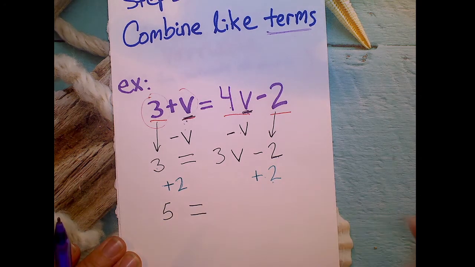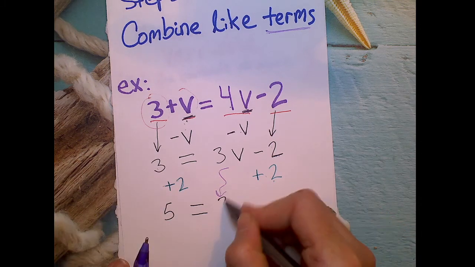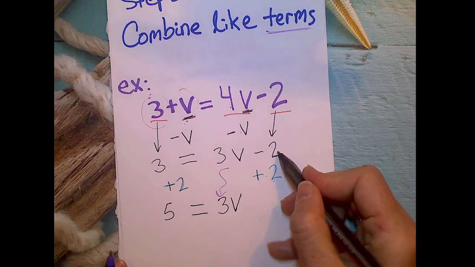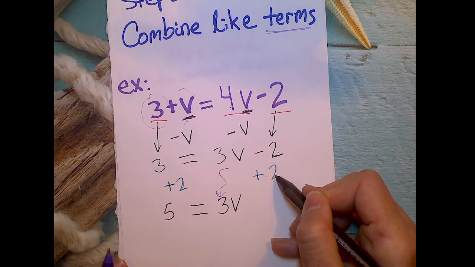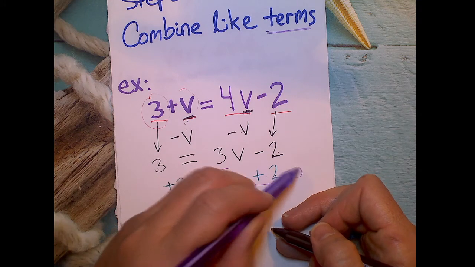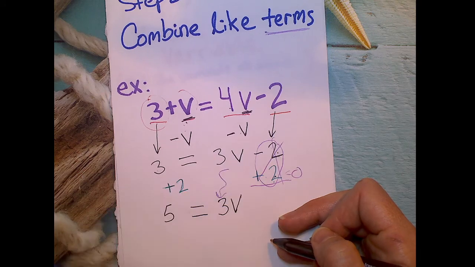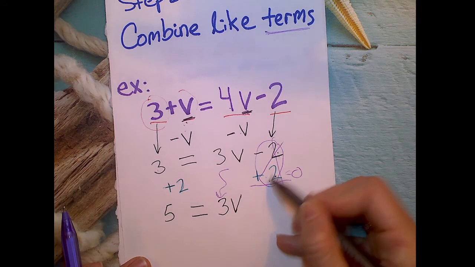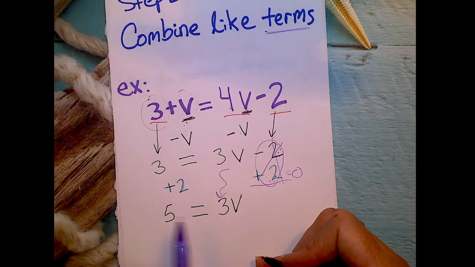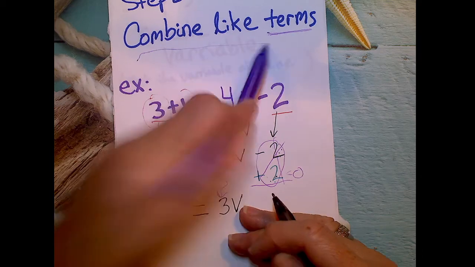And that equals, the 3v here stays the same. It's unchanged in this step. And negative 2 plus 2, well, a negative 2 plus a 2, that equals 0. So this term cancels out. And that's why I added 2, because I wanted it to cancel out. So now I'm left with 5 equals 3v. Okay, so I have combined the like terms.